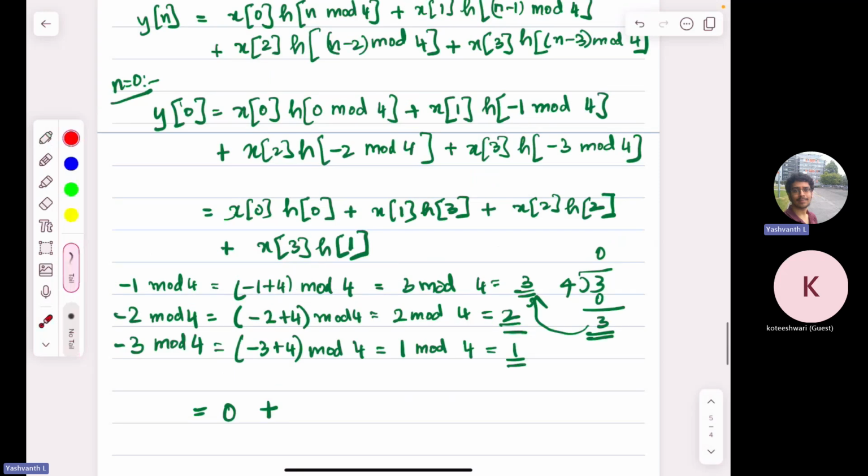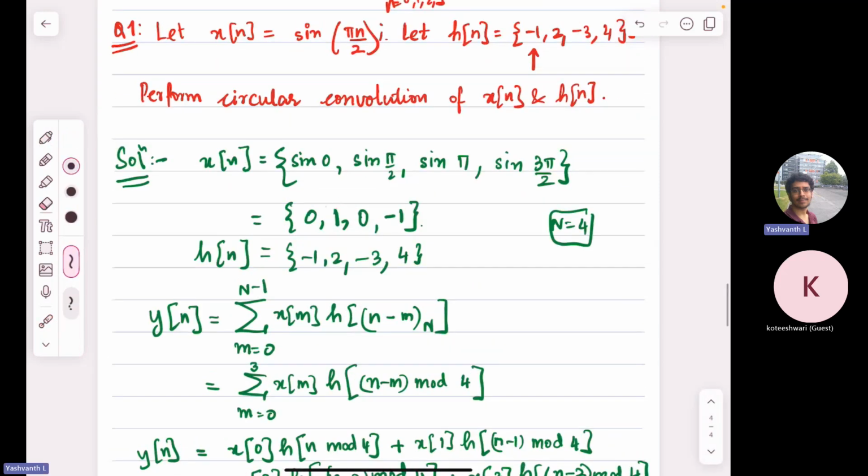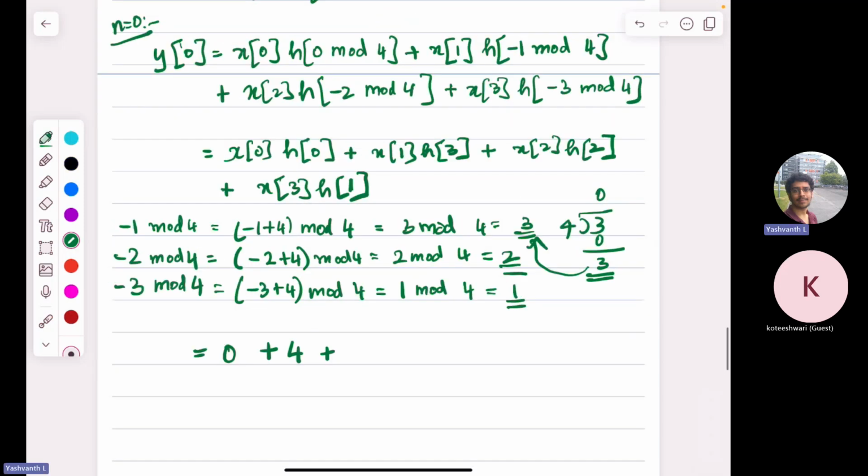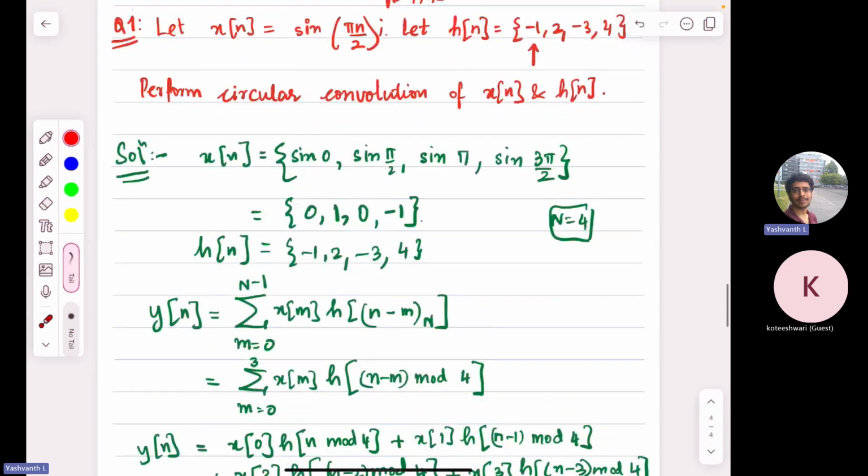Next term is x of 1 into h of 3. Counting 0, 1, 2, 3, that is 1 into 4, which is equal to 4. Plus x of 2 into h of 2, that is 0 into minus 3, which is equal to 0.